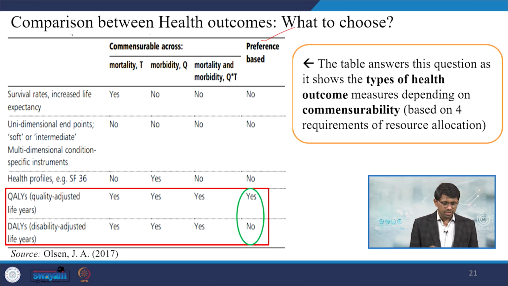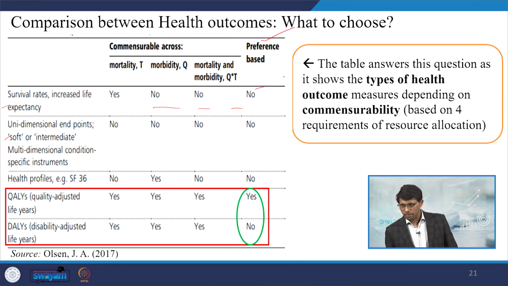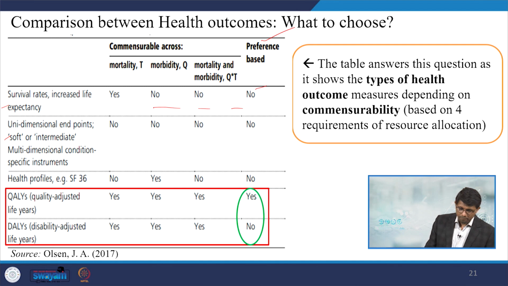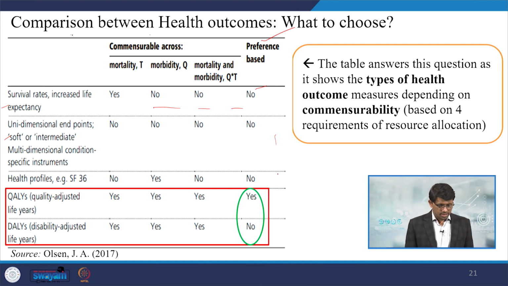For each of the indicators you will hardly find figures, like for survival rates. Hardly any preference is noted because these are macro figures; individual figures are not noted. But in other cases, I am just discussing the last two, that is QALY and DALY.